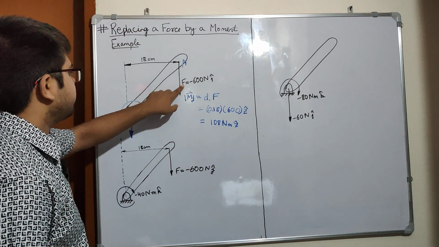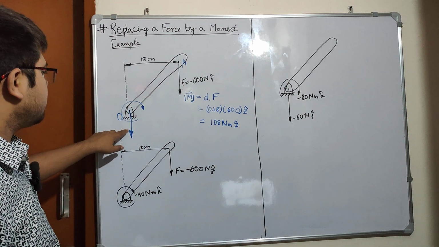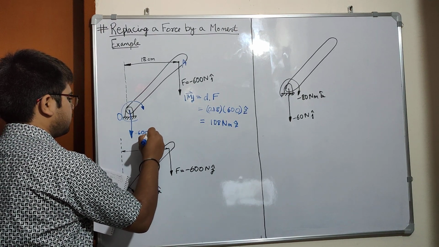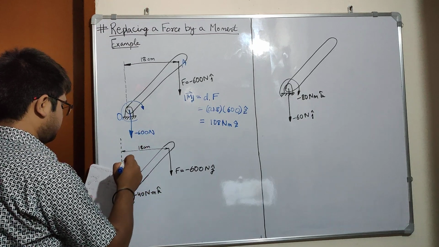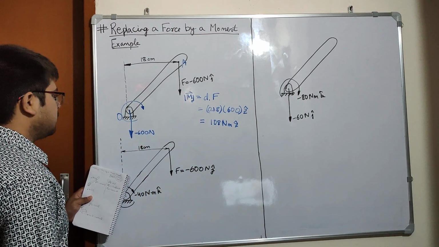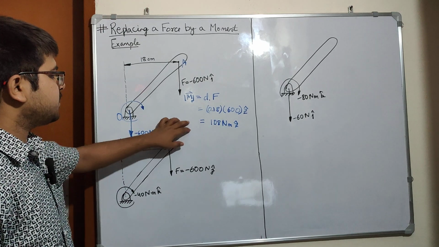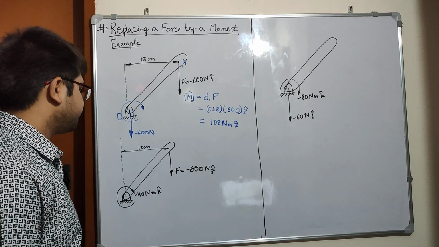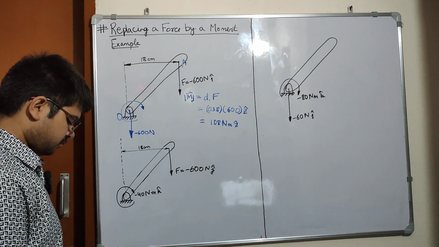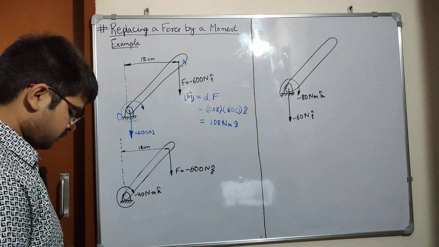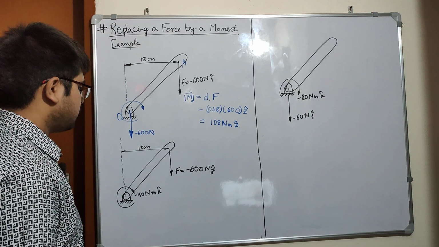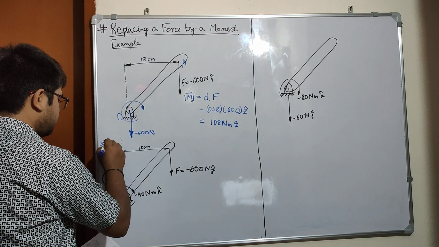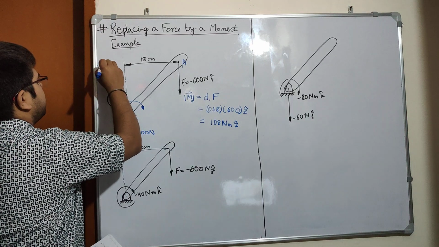So this force F is replaced by another force here, such that the moment caused by this force is 108 Newton meter Z cap. Now this was example number 1.